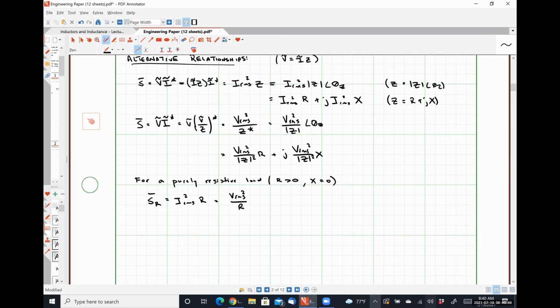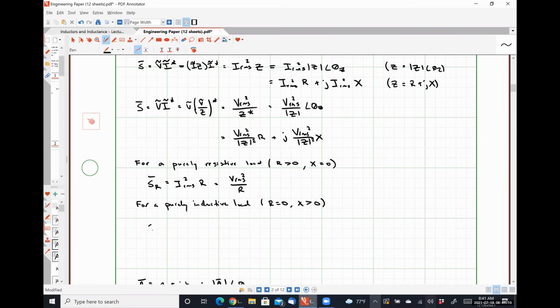For a purely inductive load, where R is equal to 0 and X by definition will be greater than 0, we'll see that the complex power is equal to j omega L times I RMS squared, which is j times V RMS squared over omega L. So this is an interesting result because it does not matter the magnitude of the voltage or the magnitude of the current.